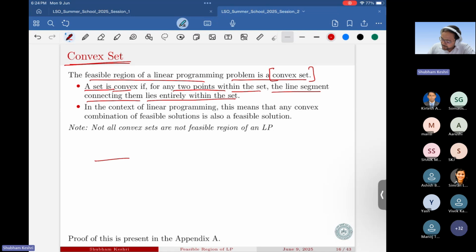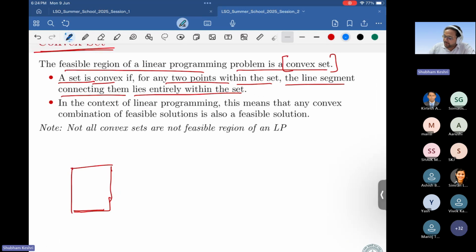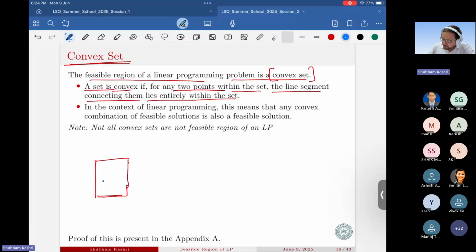Suppose I have a square, and the convex set for this square is all the points inside this square and the corners of this square. Take any 2 points inside this feasible region, and if you connect a line between these 2 points, you will observe that all the points on this line segment are inside this convex set.